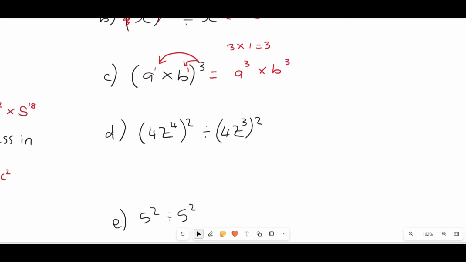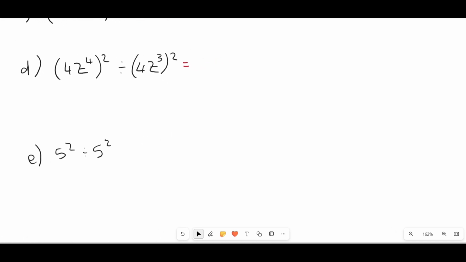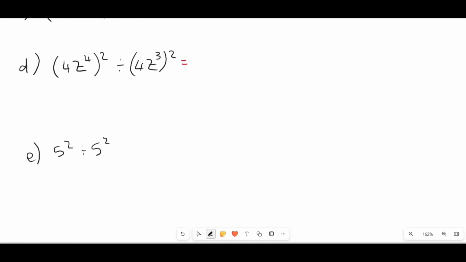Okay, next one. First off, let me move up a bit to here. We need to get rid of these ugly brackets. First, I want to tell you that there is no visible power of 1, because 4 and z are not the same base number.